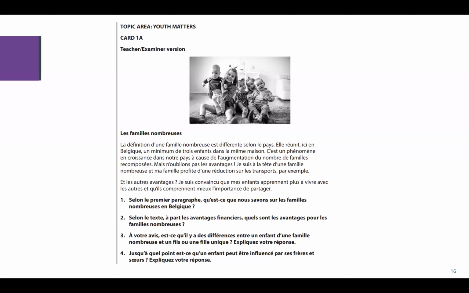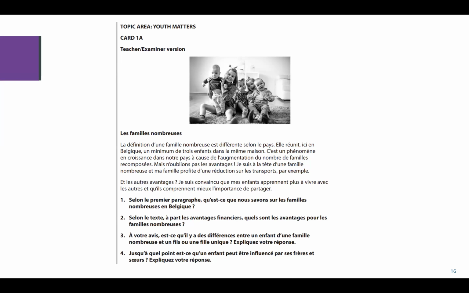So in order to answer that question coherently, they will need to do that. Question 1 does state very clearly "selon le premier paragraphe", but nevertheless, I think it's very useful for the students to be told repeatedly that it's just the first paragraph.